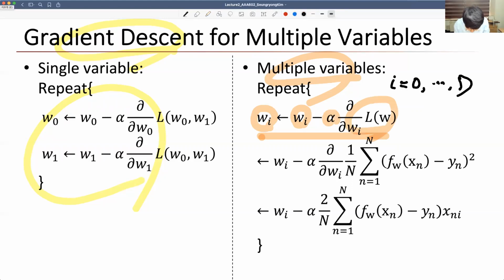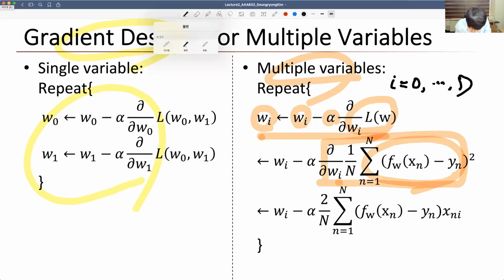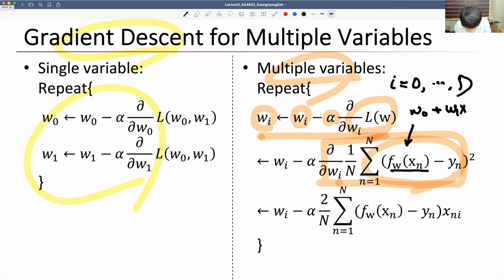Then if you consider this loss function, the simple MSE loss function, we can compute the gradient with respect to Wi. This one was something like W0 plus W1 x1 plus W2 x2, and so on, up to Wt xt, right?